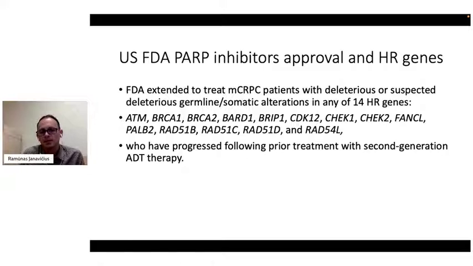The FDA also extended the genetic test for prostate cancer to an expanded list of genes which can be tested to prescribe PARP inhibitors. As you can see, there are about 14 genes involved in this homologous repair pathway.